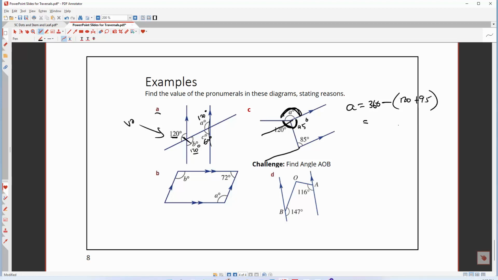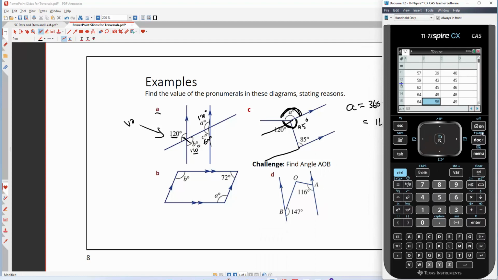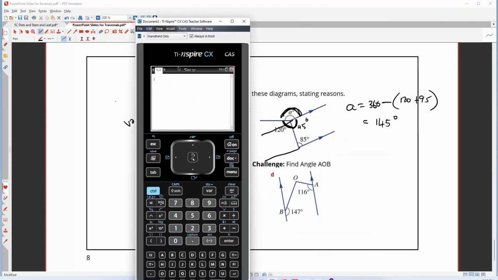And what's that going to be? 145, I think. Okay, so I might just use a calculator on that one. Now just use the CAS calculator. It's the same thing, 360 take away 120 plus 95. Yep, got that right, fluke.